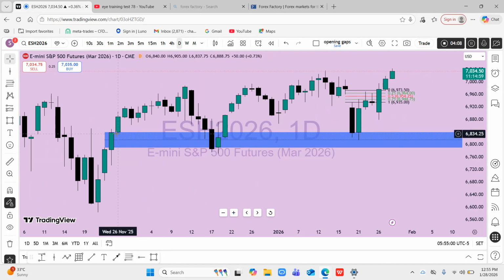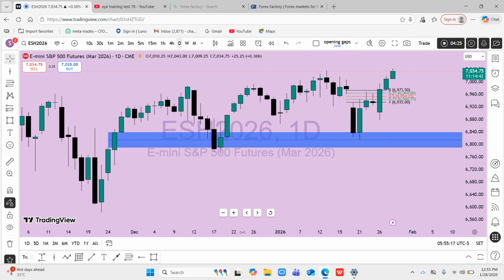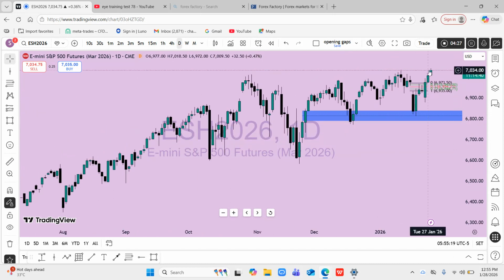It has been using this fair value gap. It has used this fair value gap to push higher, while the NQ was using a breaker. With ES, this was the PDRA present to push price higher. Again, same thing, and now we are here. And this is the highest high for ES. ES has already taken the high.